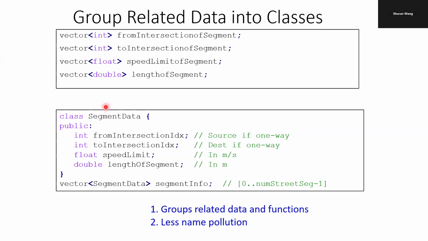And down here, we make a class, or we can make it a struct, called segment data that consists of intersection to intersection, speed limit, length, and so on. And we do a single vector that consists of this class.